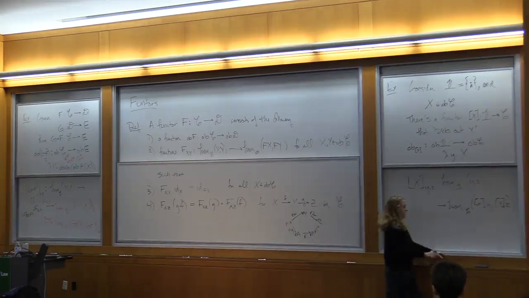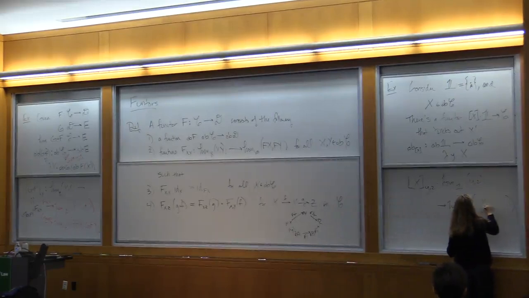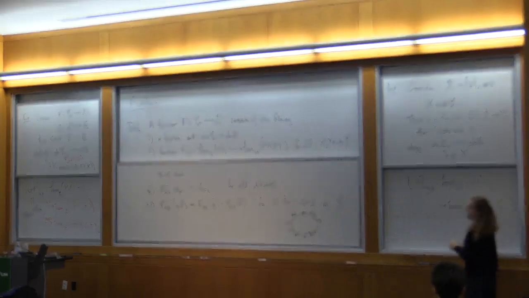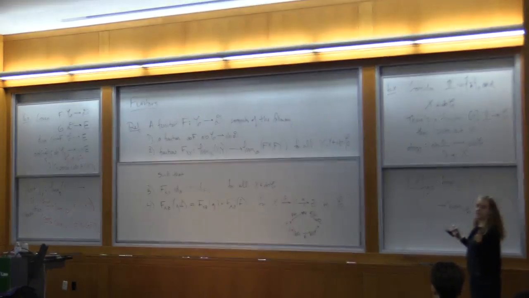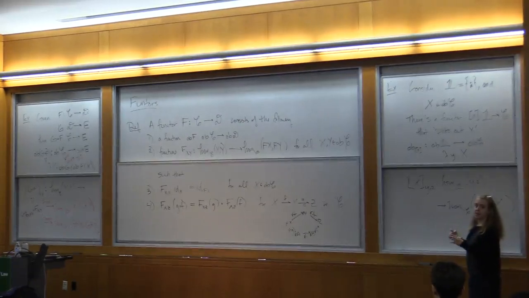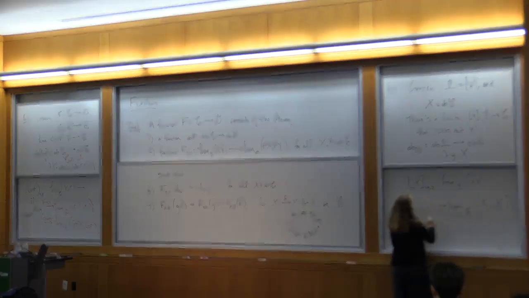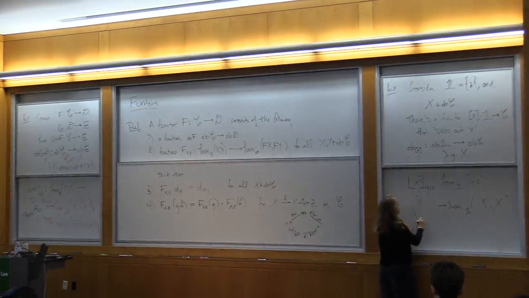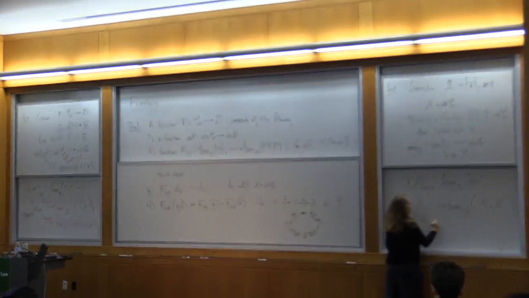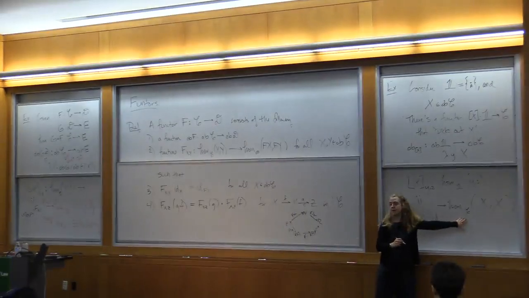Yeah, there. That's X. And then what should the function do? Yeah, we just send all of them to the identity. Let's send all of them to the identity. So we should do lambda f to the identity on X. The identity on X is definitely something in here.